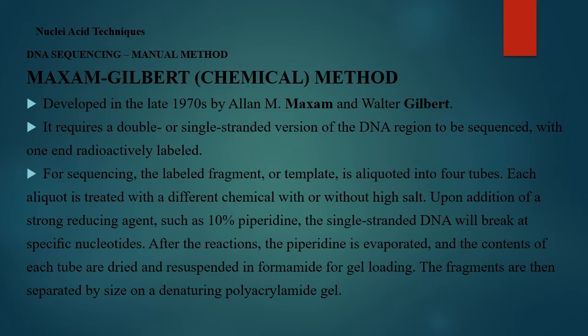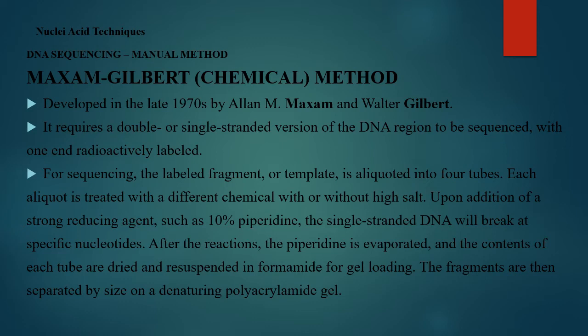Now each aliquot is treated with a different chemical, with or without high salt. Now when you add a strong reducing agent such as 10% piperidine, the single-stranded DNA will break at specific nucleotides.